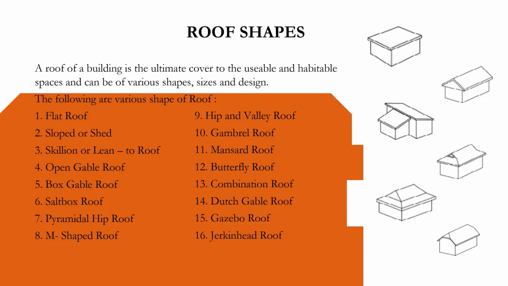Those are flat roof, slope or shed, skillion or lean-to roof, open gable roof, box gable roof, silk box roof, pyramidal hip roof and ship roof, hip and valley roof, gambrel roof, mansard roof, butterfly roof, combination roof, Dutch gable roof, gazebo roof, and the last one, jerkin head roof.